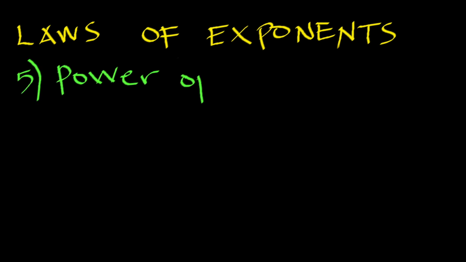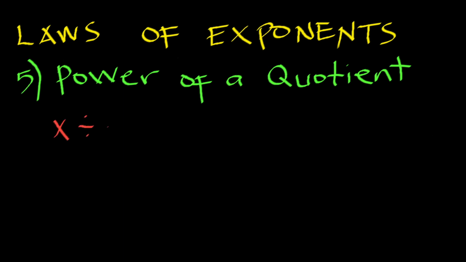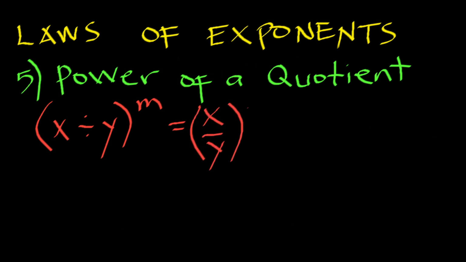Our fifth law is the power of a quotient. So we have x divided by y, quantity raised to m. Since division yan, pwede natin gamitin yung denotation na x over y. So we have x over y, quantity raised to m, equals x raised to m over y raised to m.